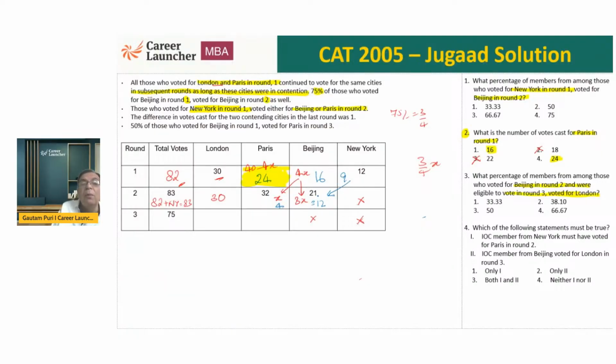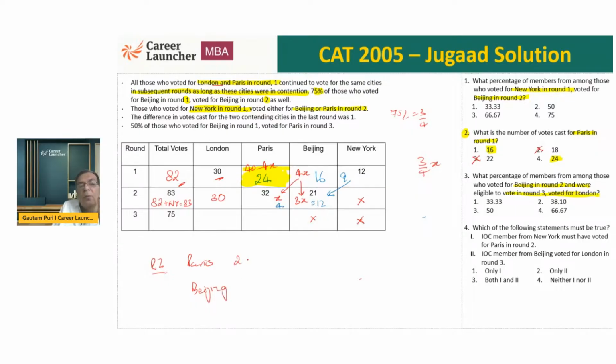And where will the balance 3 go? The balance 3 will go to Paris. So if I look at Paris in round 2, and Beijing.